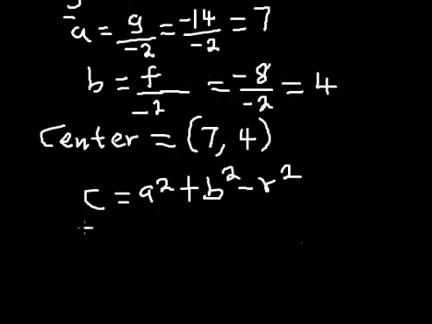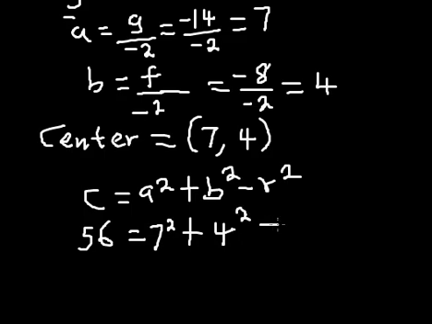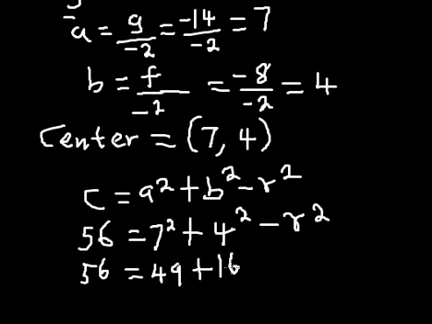So it's going to be 56 equal to a square, which is 7 square, plus b square, which is 4 square, then minus r square. So 56 equal to 7 square, which is 49, then plus 4 square, which is 16.